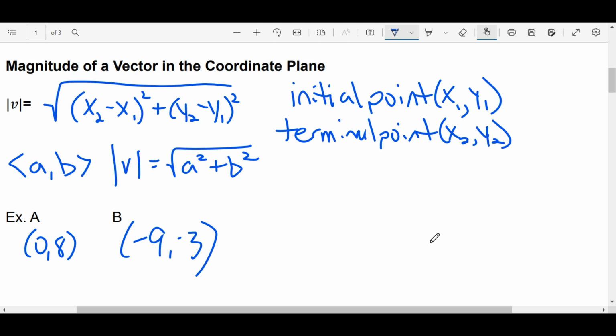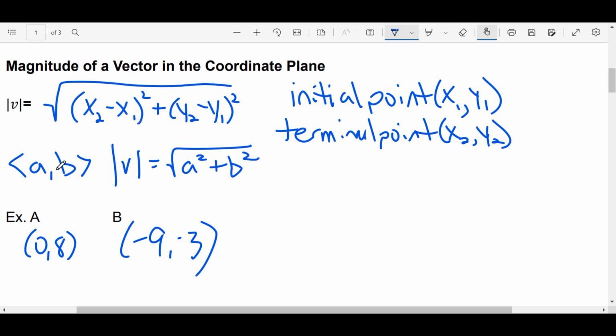Next, we're going to calculate the magnitude. Magnitude is the distance traveled on that vector. So if I'm giving you an initial and terminal point, the way to calculate your magnitude is x sub 2 minus x sub 1 squared plus y sub 2 minus y sub 1 squared. Add them up and find the square root, as used by the formula.